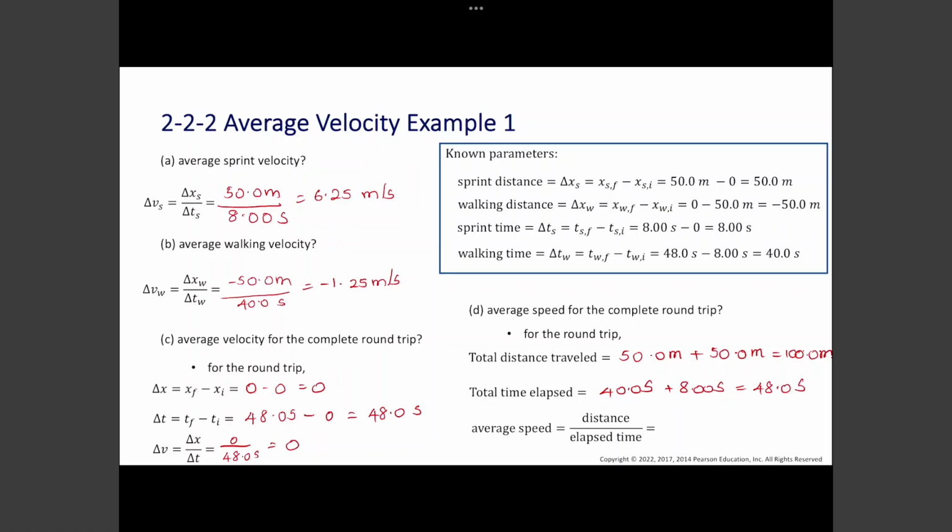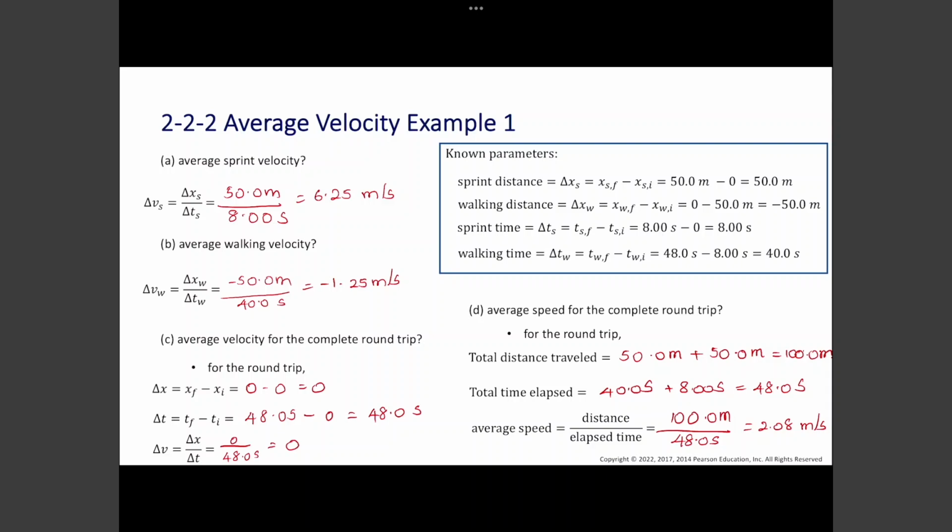So because of that, total time is 48.0 seconds. Now we can find the average speed, which is distance over time, which is 100.0 meters over 48.0 seconds. So the answer is 2.08 meters per second.